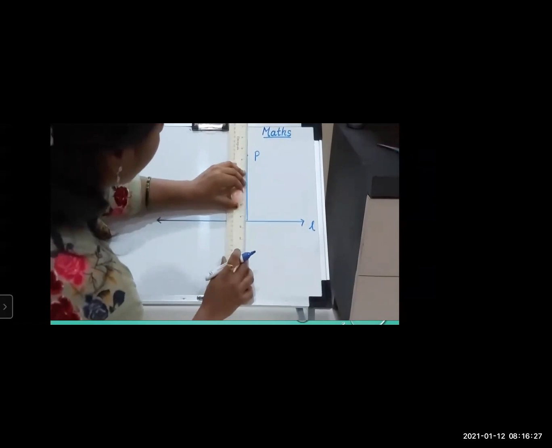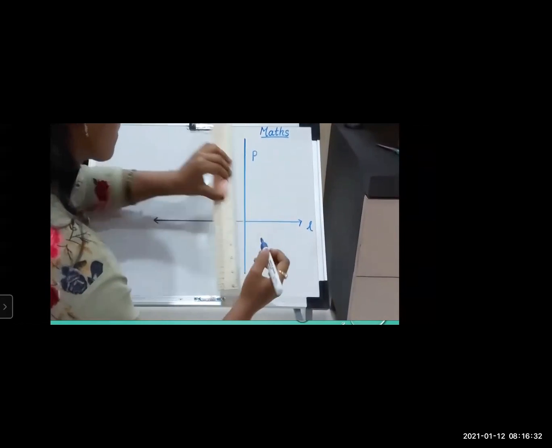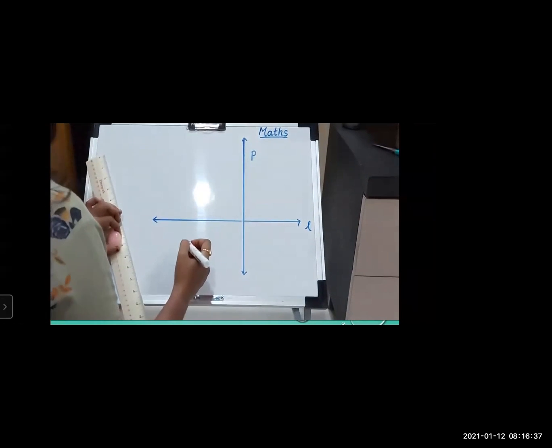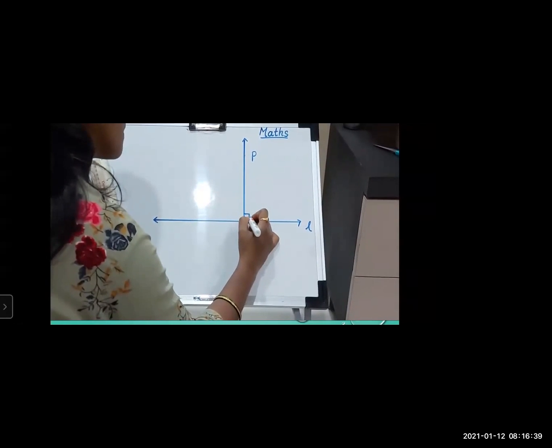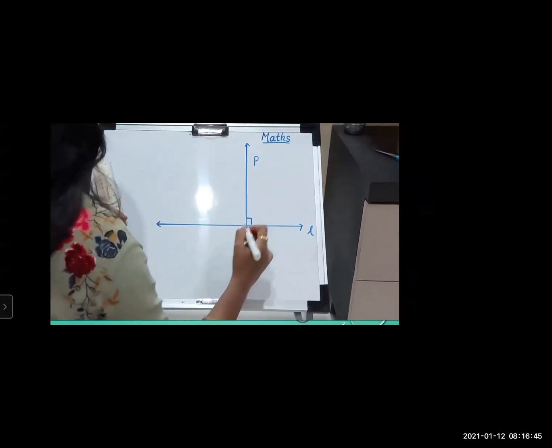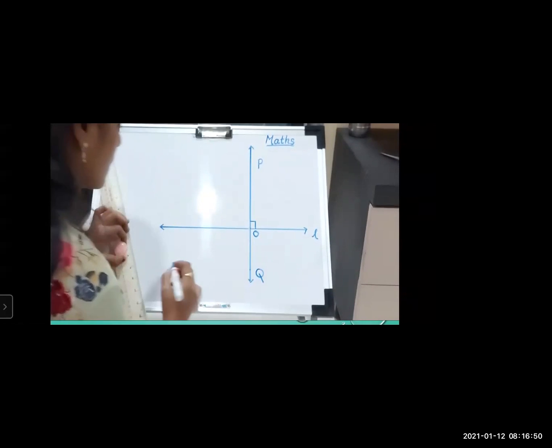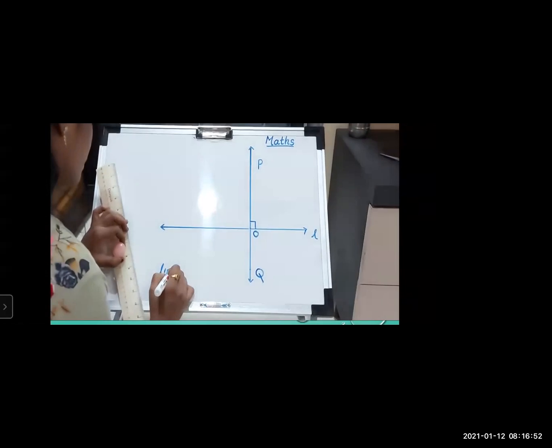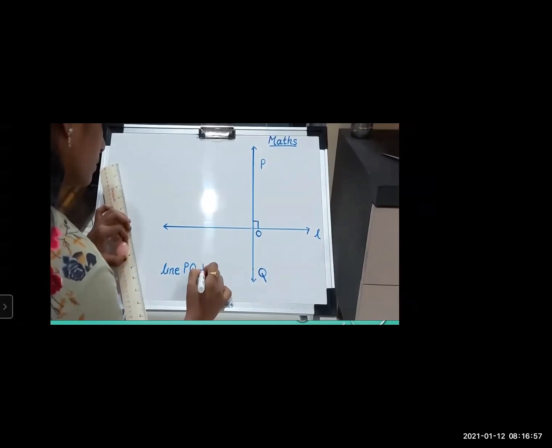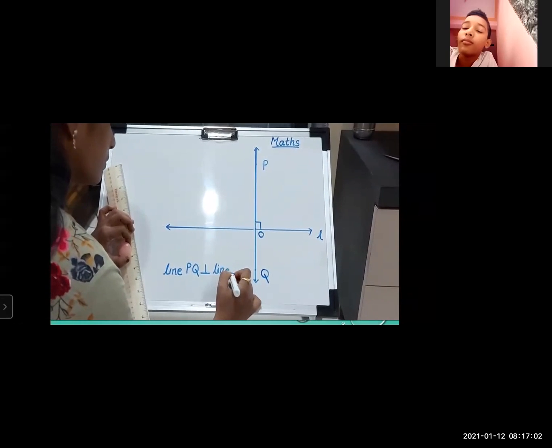Here we have got the point of intersection on the line L, as we have given point P outside the line L. Now we will name the point of intersection, that is the right angle, as O, and also name the perpendicular line as PQ. So line PQ is perpendicular; we have to give the perpendicular sign. Line PQ is perpendicular to line L.